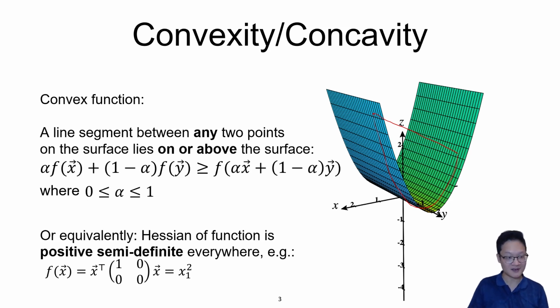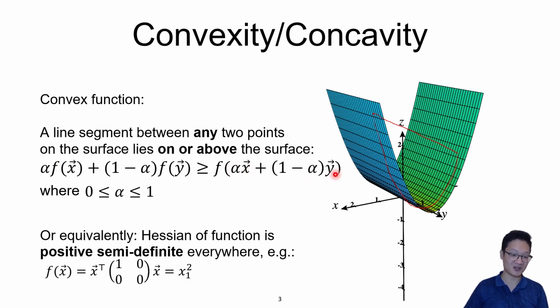Mathematically, we write this as: for any alpha between 0 and 1 inclusive, we have that alpha f of x plus 1 minus alpha f of y is greater than or equal to f of alpha x plus 1 minus alpha y. Hopefully you remember that whenever we take a linear combination of things, in this case on the left-hand side we have f of x and f of y, and on the right-hand side, inside the argument of f, we're taking the linear combination of x and y.